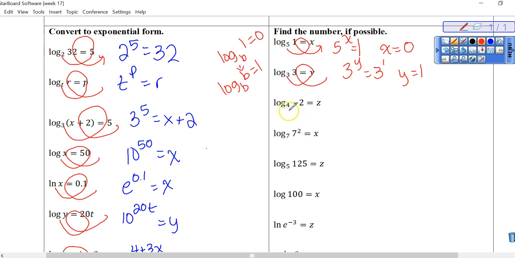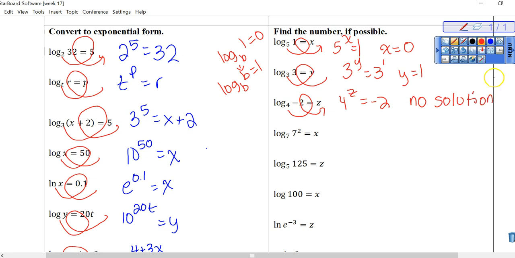What power do I raise 4 to get negative 2? Can I make a negative answer on a base? You cannot. So when I say 4 to the what power equals negative 2, I say no solution.